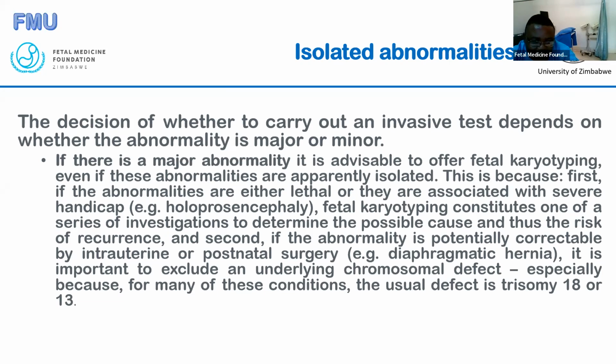So that is why it is important to offer karyotype even if we know that the condition is lethal. For example, holoprosencephaly: we know it is a lethal condition, but establishing whether there is trisomy 18 or trisomy 13 or not will help us in recurrence risk counseling. If it is an isolated condition, the recurrence risk is about 10%.